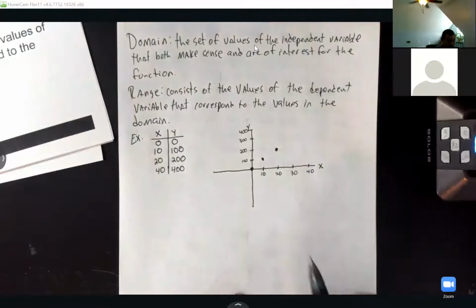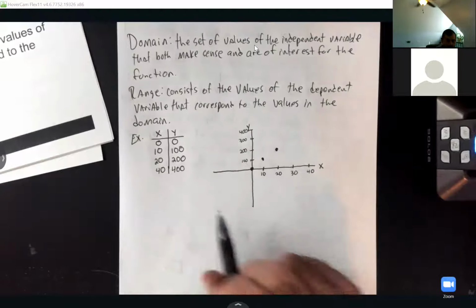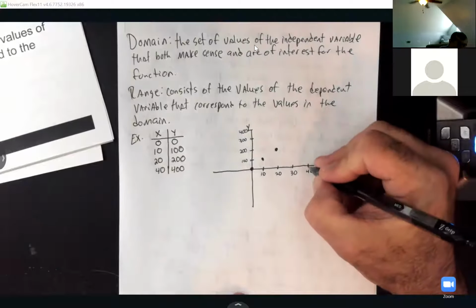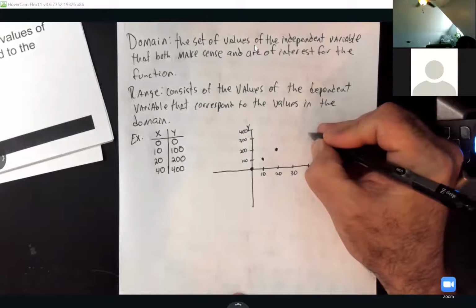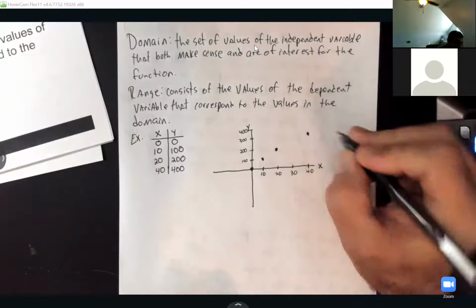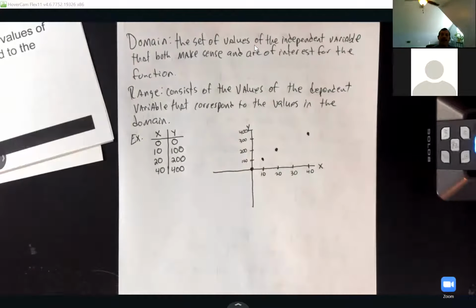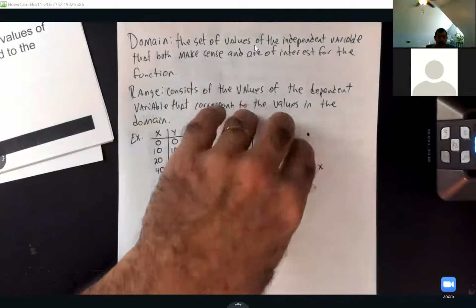Then I skipped a few, but my last one was 40 and 400. So go over to 40 and then you go up to 400 on your graph. So that would be the graphical method of this one. So here's your table, your graph.